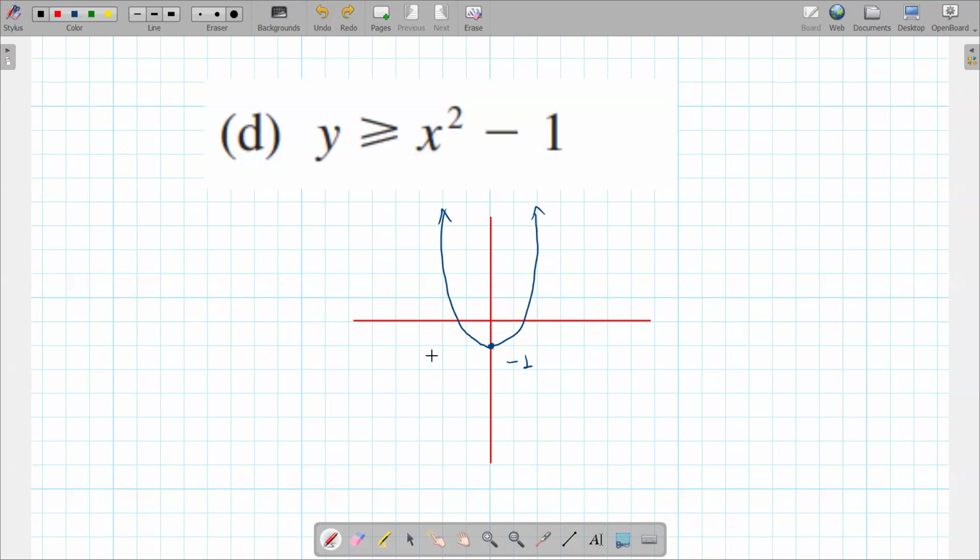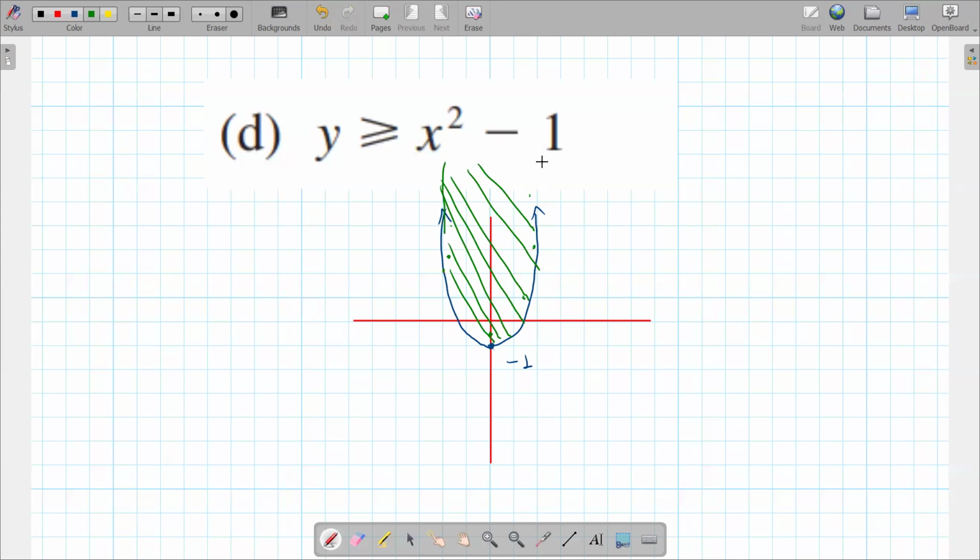So at every x value, we need it to be above. So this y value here, maybe I'll use a different color, this y value here becomes this. This becomes here. You'll see that every y value will shift slightly up. So therefore, your inequality is this area right here. And the boundary is going to have a solid line because it's inclusive.